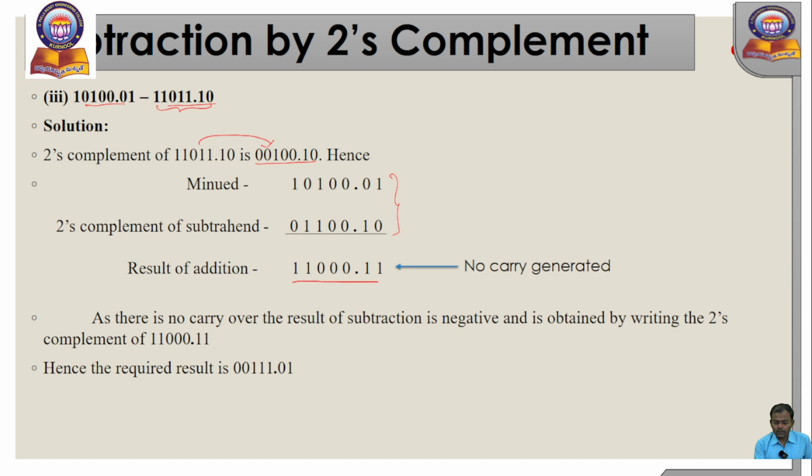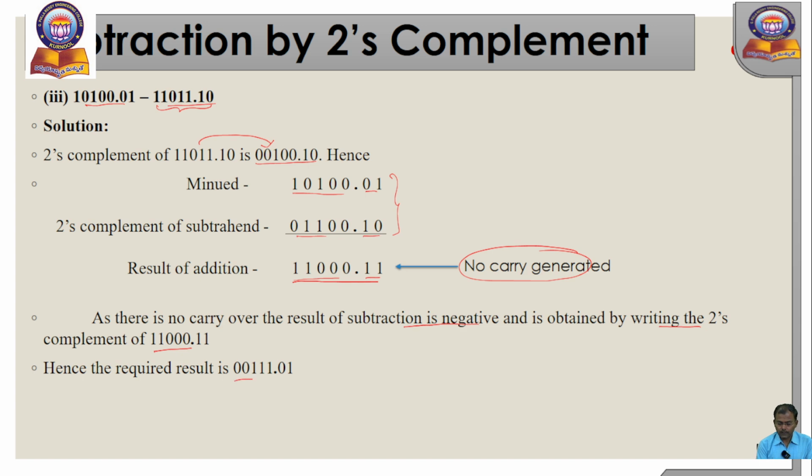Again you can observe that both numbers have the same number of bits and the result also has the same number of bits, no extra bits. In this case also carry is not generated. So in that case the result of the subtraction is negative, and you have to obtain the number by complementing the result.